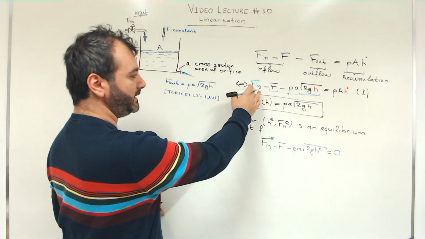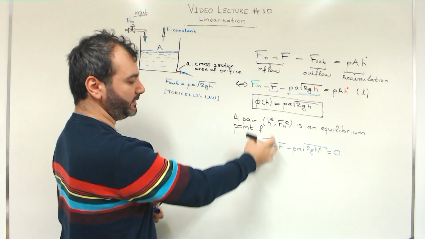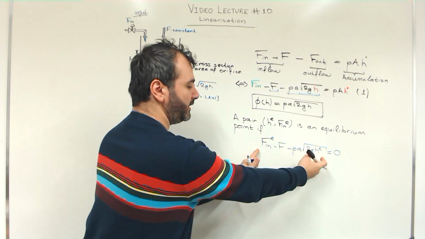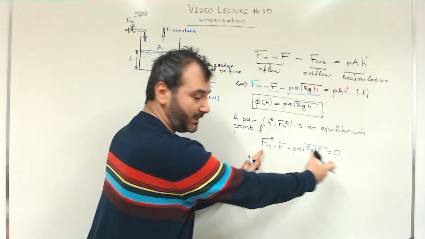And then if we substitute f in by f in e and h by he, the pair f in e, he must satisfy this equation.